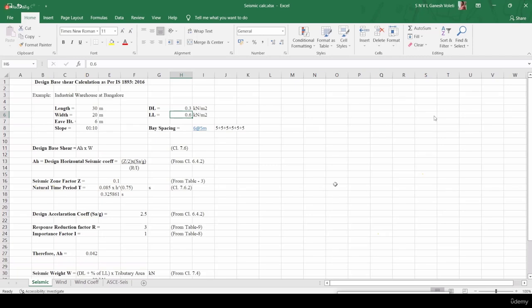Of course, dead load may also be more here. Dead loads will include purlin weight, sheet weight, and any other collateral load. If the customer wants to hang some weights from the ceiling or roof, that also comes under the dead load only. Okay, thank you.